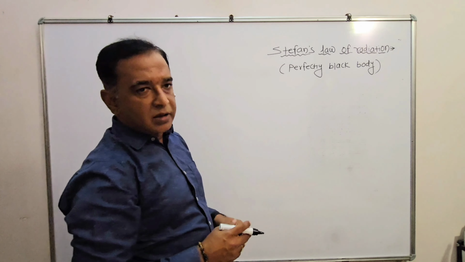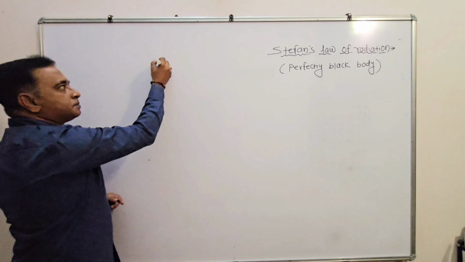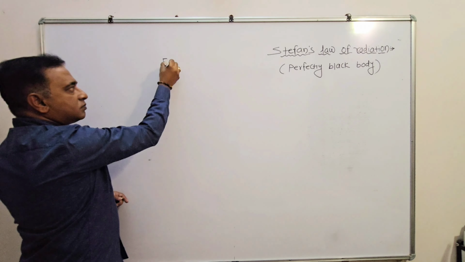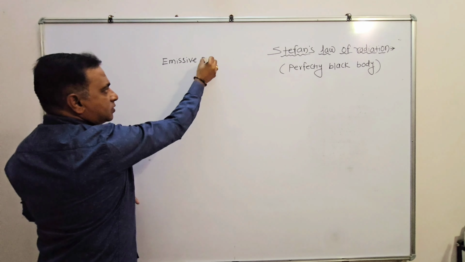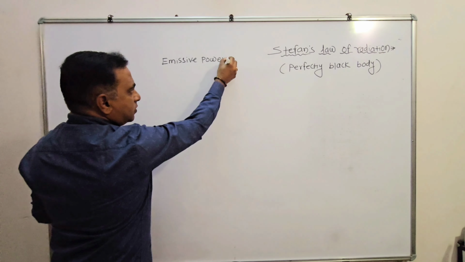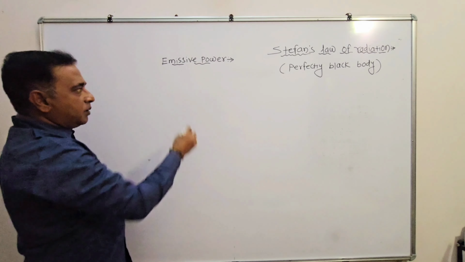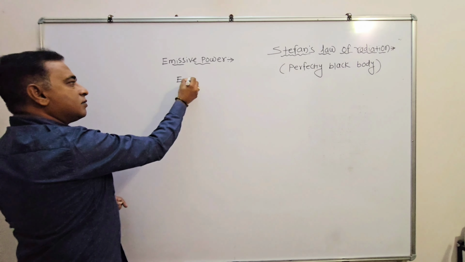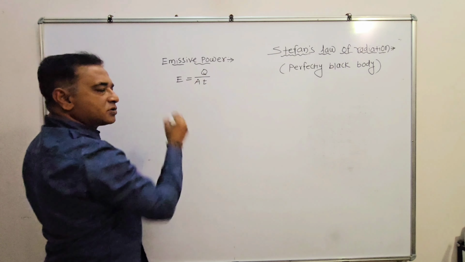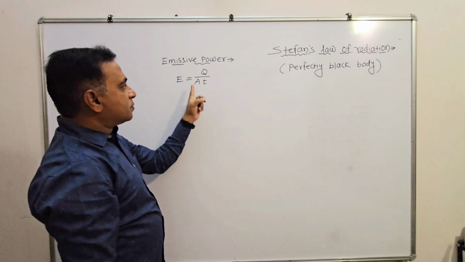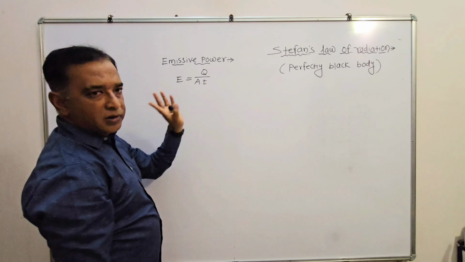But before knowing the statement, we have to recall, from the previous session, emissive power. E is equal to Q upon A T. This formula we already saw. The amount of energy radiated per unit area per unit time is nothing but emissive power.